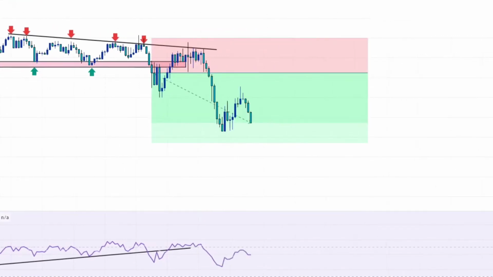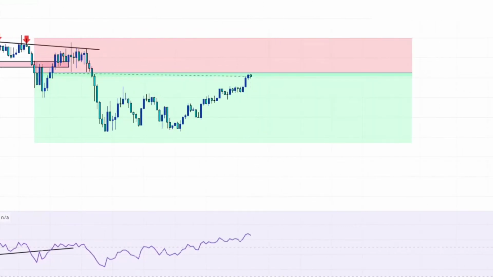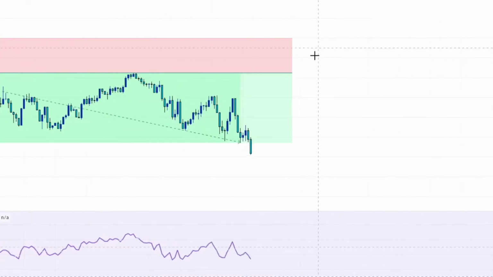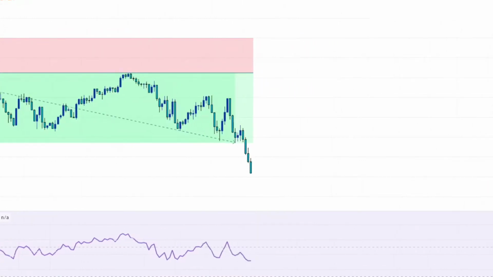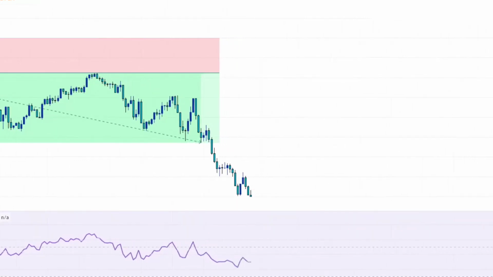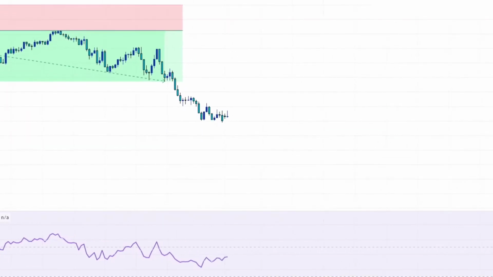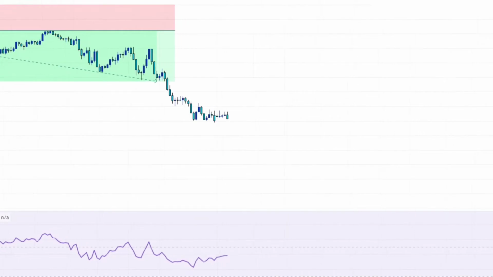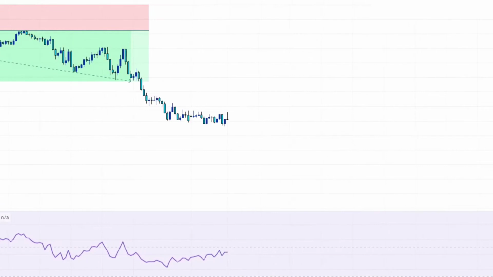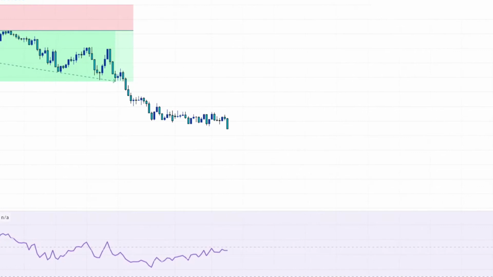RSI is also breaking trend line. In this place we will place sell trade.